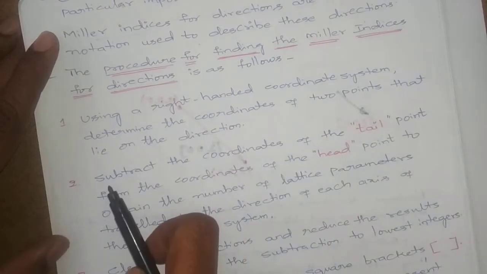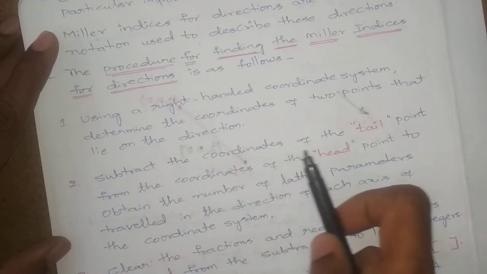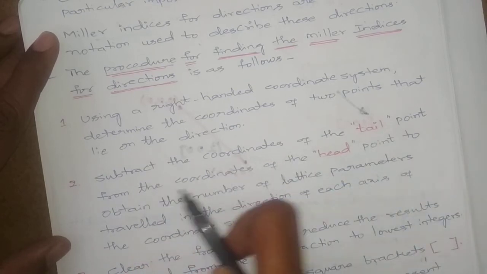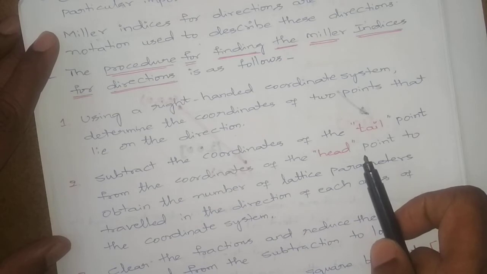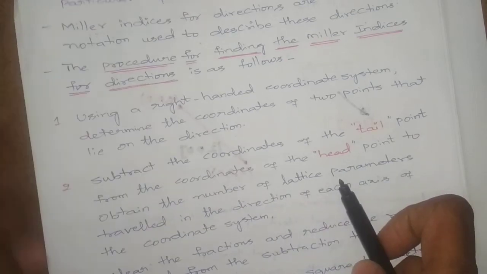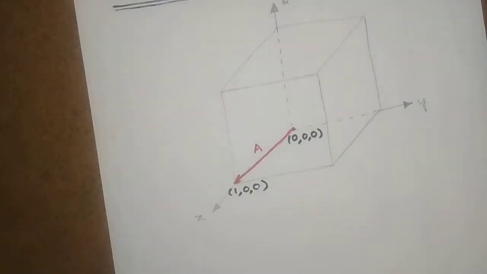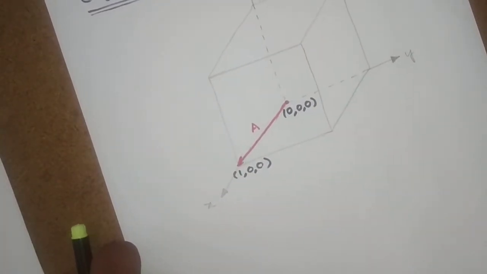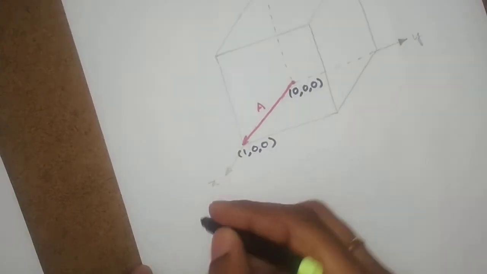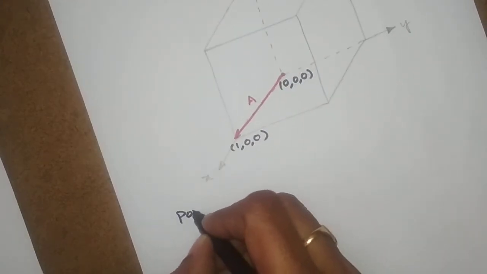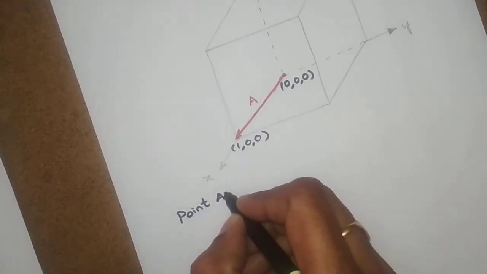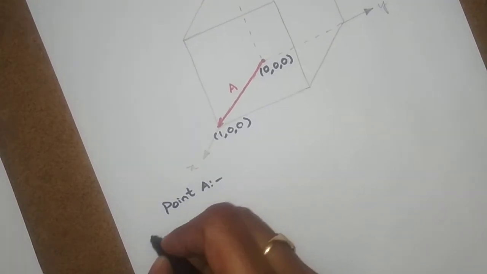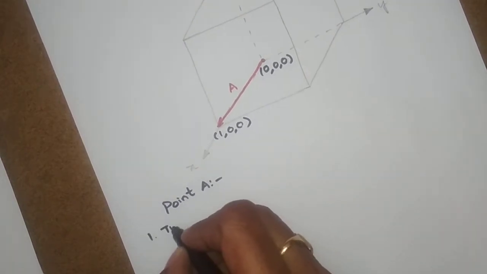Now the second step is to subtract the coordinates of the tail point from the coordinates of the head point to obtain the number of lattice parameters traveled. So for direction A, what are the 2 points?